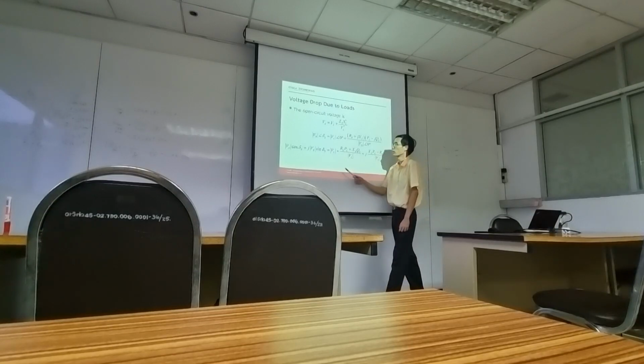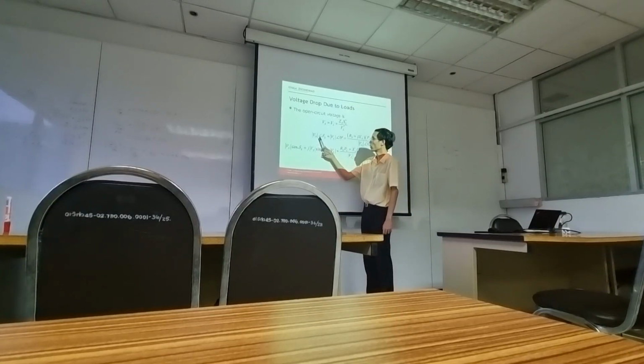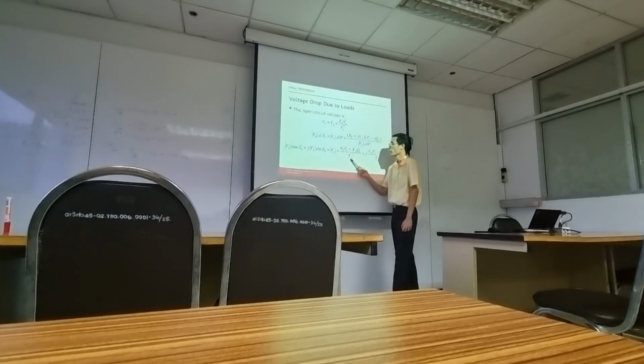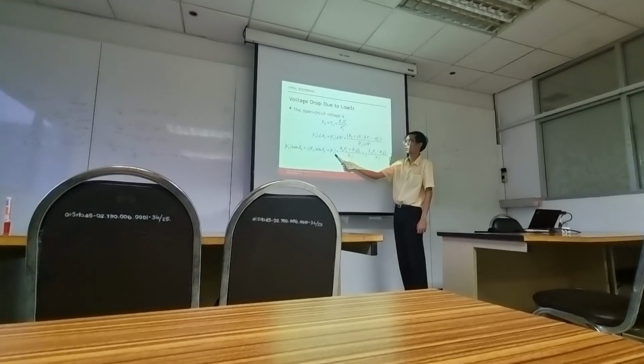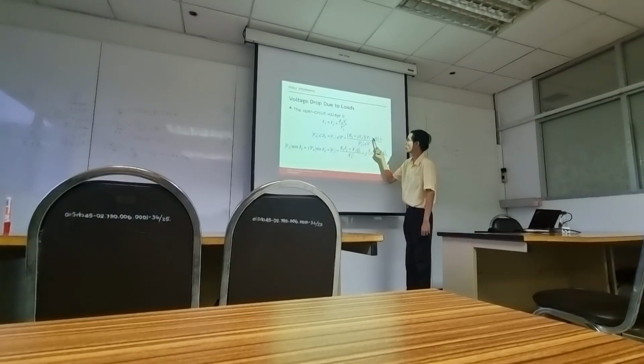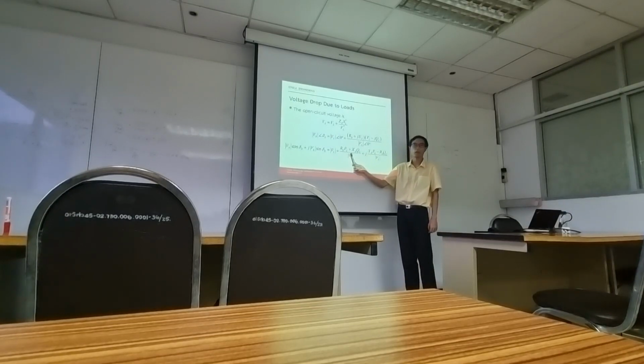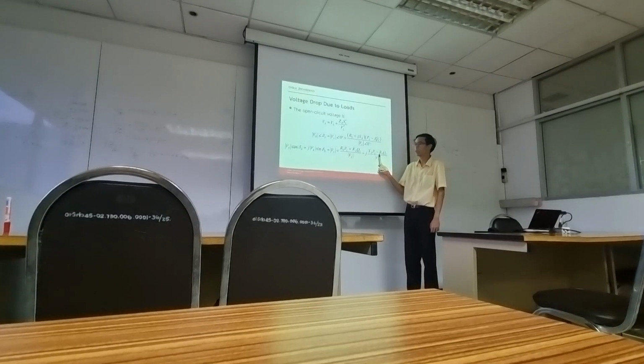Then, okay, this is magnitude and angle. You can write it using the Euler equation: Vs cos delta S plus j Vs sin delta S, from here to here. This is VL. For this, you can separate them into real part and imaginary part.